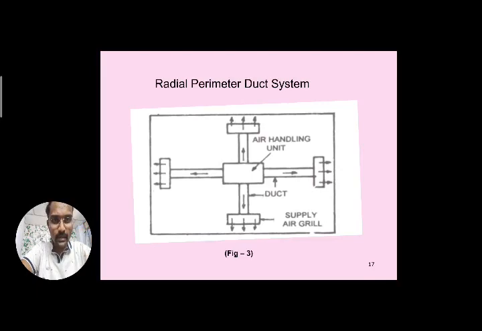Exactly at the center, the ducts are arranged radially. You can see the ducts arranged on all four sides. Depending on the requirement, this radial perimeter duct system is used. At the end you can see the supply air grills, or outlets, provided to supply the conditioned air to the conditioned space.